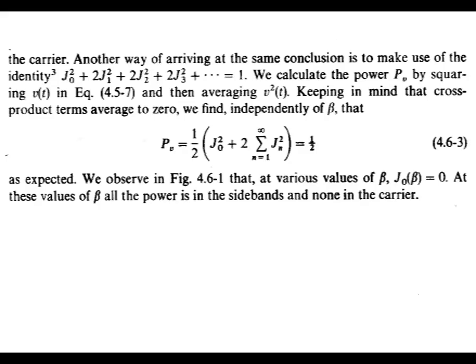Whereas by using the Bessel's function, J0 terms are called the Bessel's function. Another way to arrive at the same conclusion is to make use of the identity J0 square plus 2 into J1 square plus 2 into J2 square plus 2 into J3 square plus so on equal to 1.